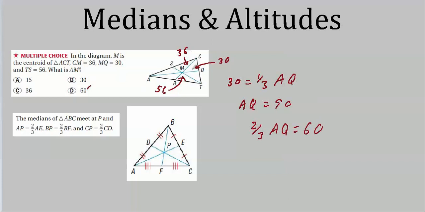And they gave us what 1/3 of it is. So actually, a lot of you probably just instantly said, well, this must be 60. Because if this is 1/3, 2/3 is just double that. I laid out the algebra just to make sure that there was no confusion. It definitely is 60 from here to here.